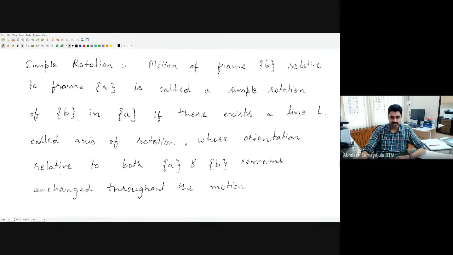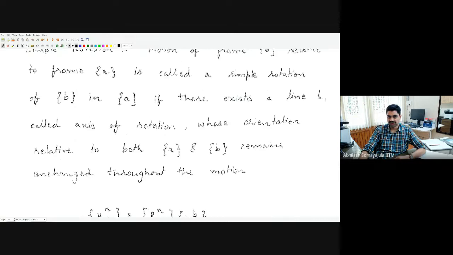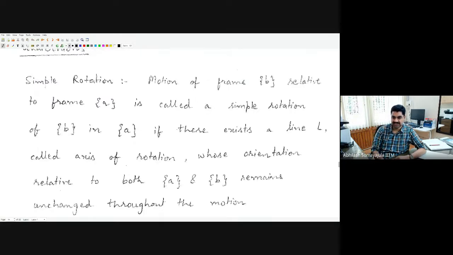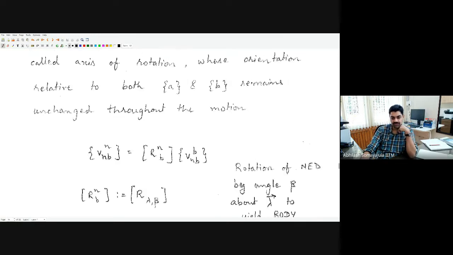And when we perform this rotation, it is important to note that this line L, about which the rotation is being performed, remains unchanged throughout the motion. So the axis of rotation really doesn't change. It's only that the frame is rotated about that axis of rotation to reach the new orientation of the frame.